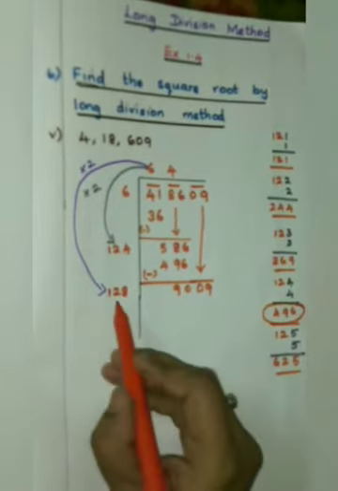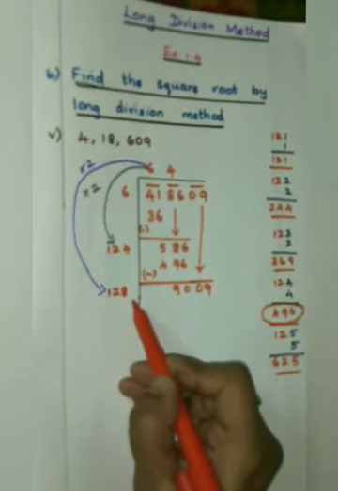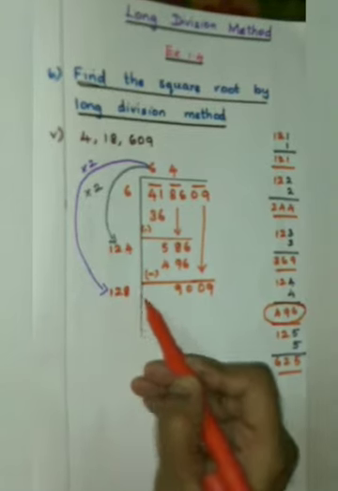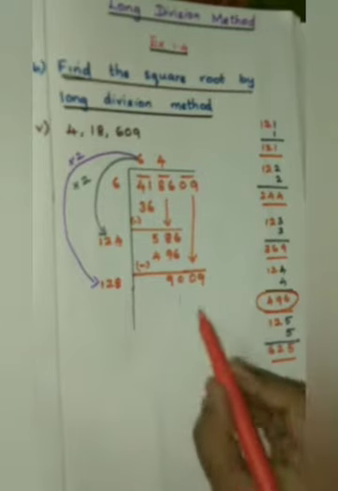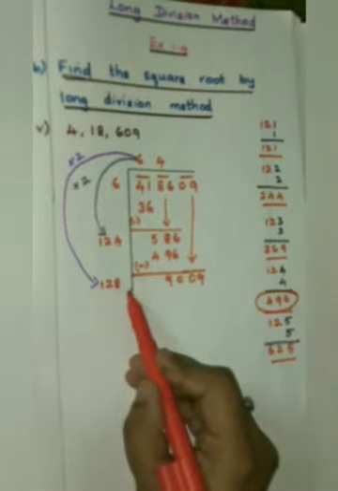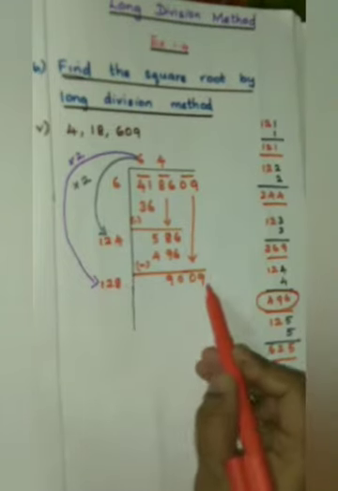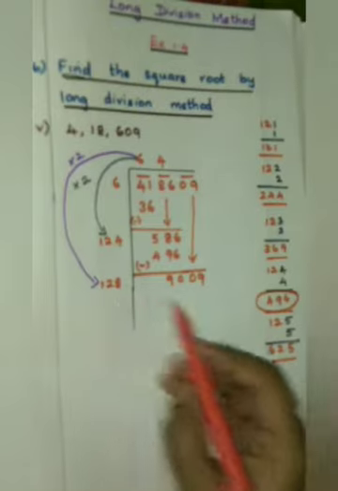So the new divisor is 128 followed by a digit. Let us find out the required digit. The new dividend ends with 9. So the required digit has to be 3 or 7. Let us try for 3 first.